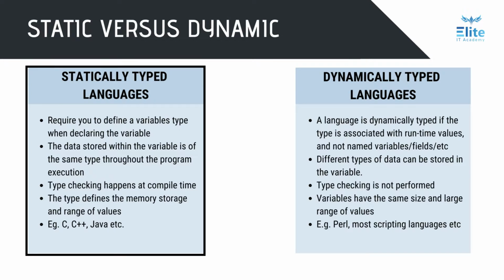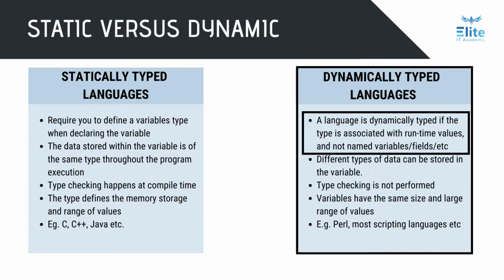Now C is a statically typed language, which means that the variable's data type must be specified when the variable is declared. This defines the type of data value that can be stored, its size, and range of values it can contain. Also, in a statically typed language, the compiler will check the data type when it is used in any operation, performing any conversions if required.